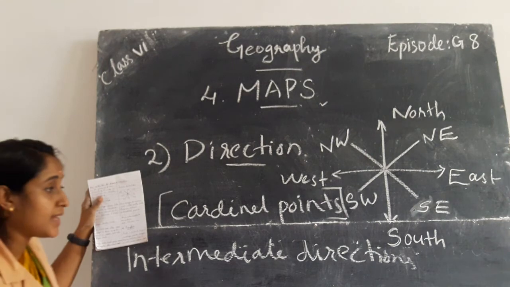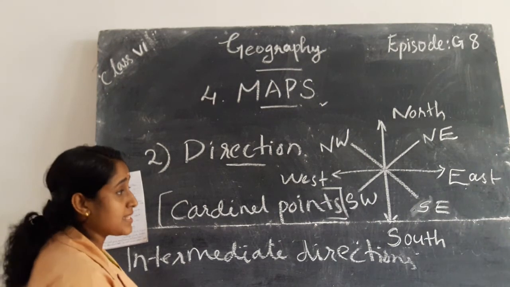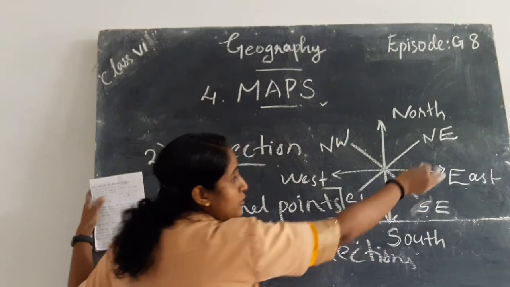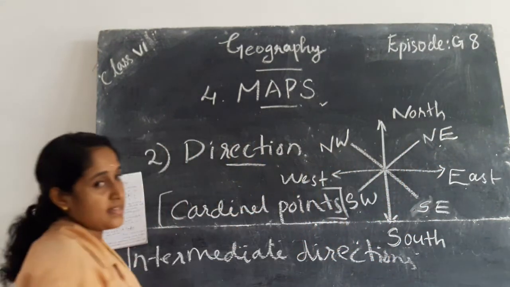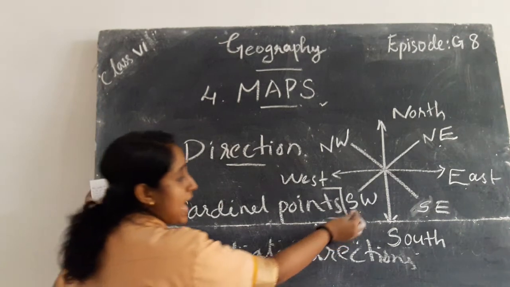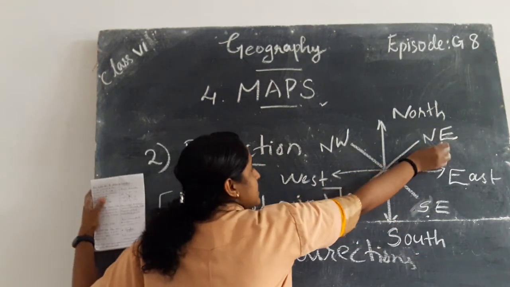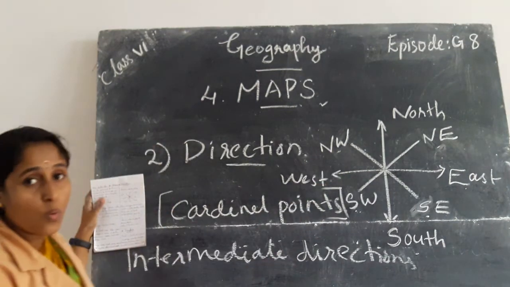So which are the intermediate directions? That is southwest, southeast, northeast and northwest.